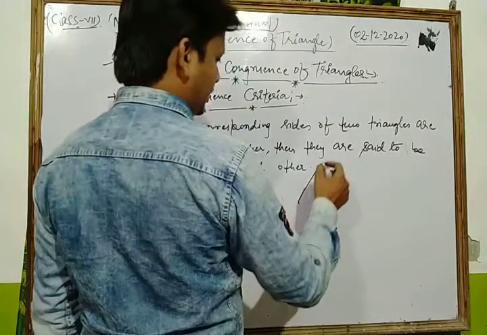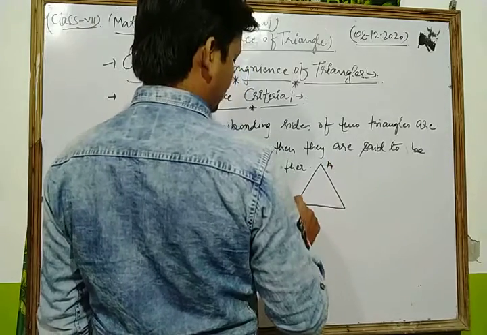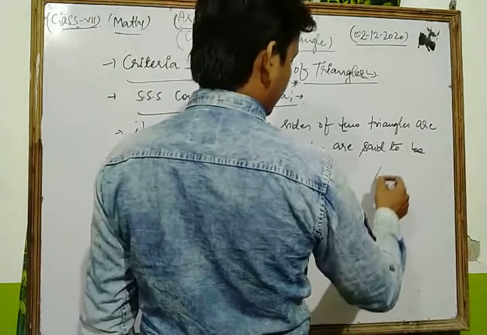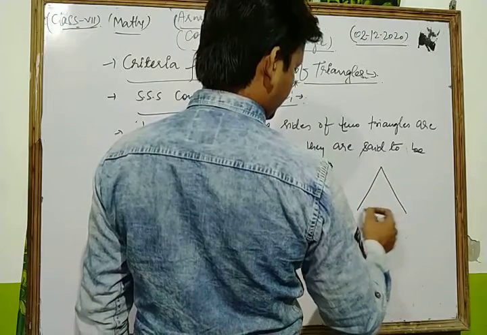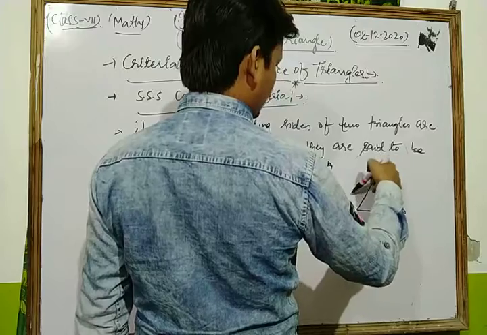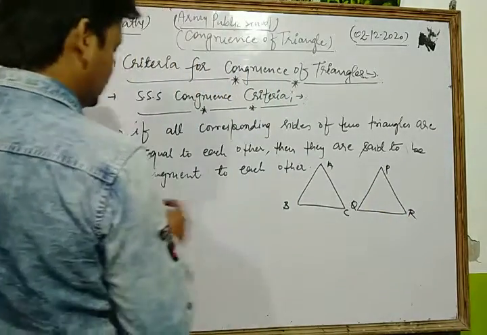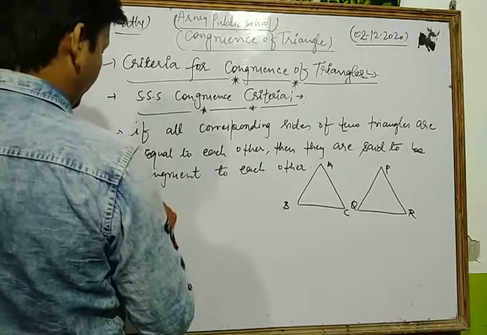Suppose we have two triangles, ABC and PQR, in the figure.